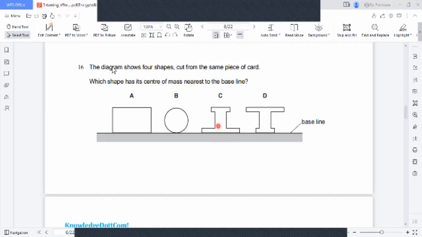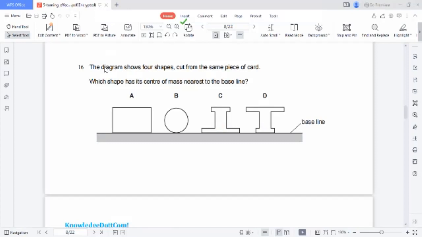I think it's C, because most of the mass is concentrated in the lower region. So there is a possibility that its center of mass would be in the lower region.